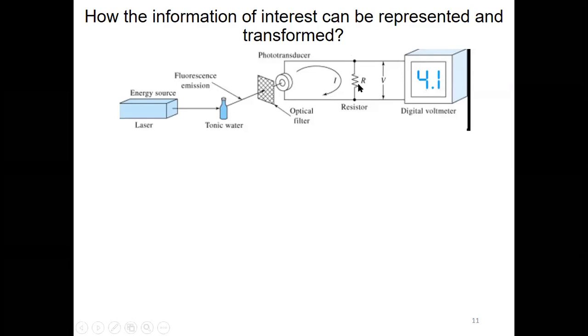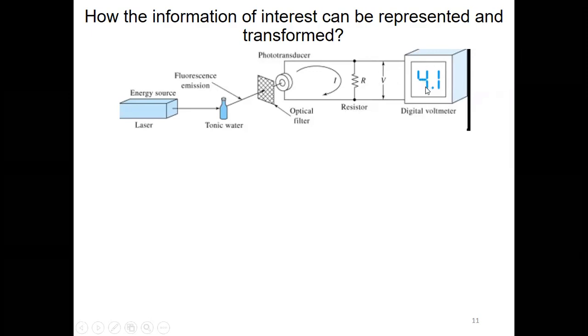Then there's a resistor, and using V equals IR, Ohm's law, the current converts into voltage. And there's a digital voltmeter. It will give the number of the voltage.